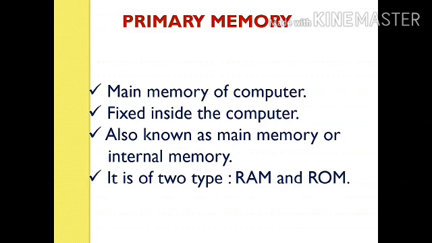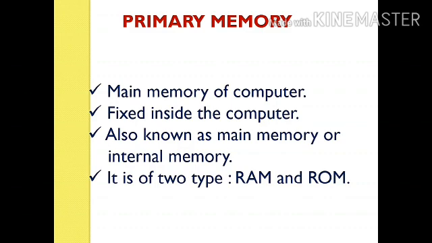What is primary memory? It is the main memory of the computer and it is fixed inside the computer, and it is also known as main memory or internal memory, and it is divided into two: RAM and ROM.